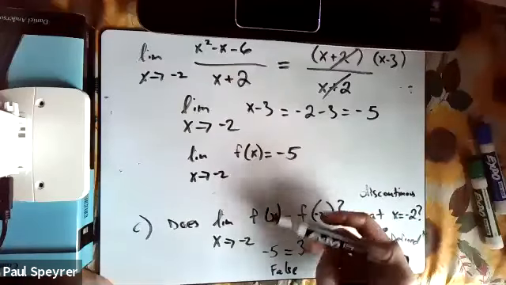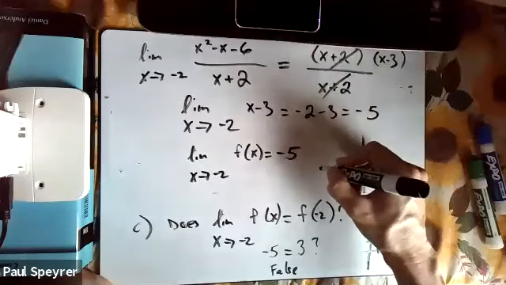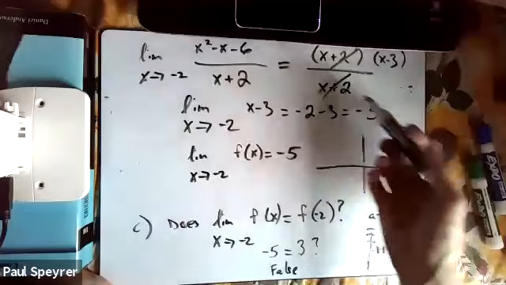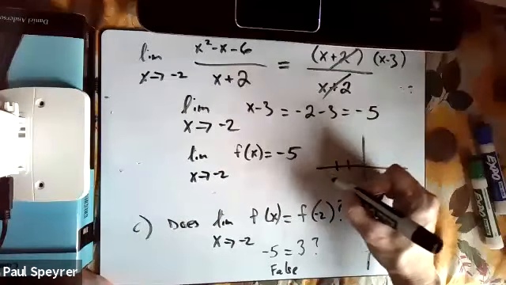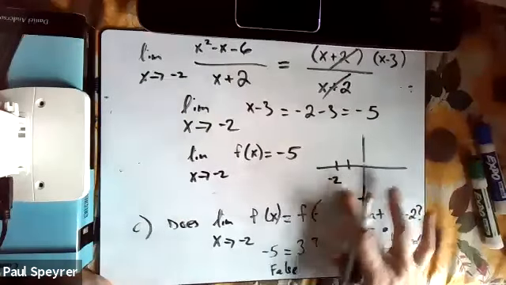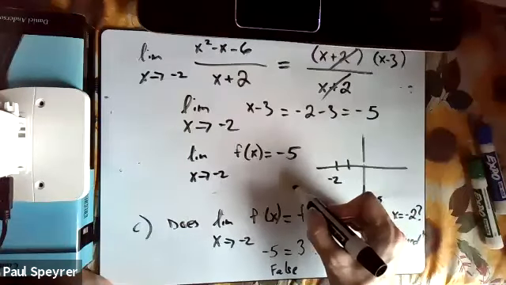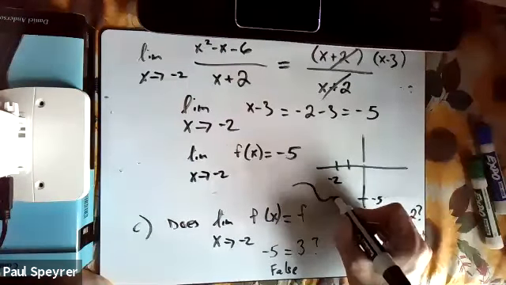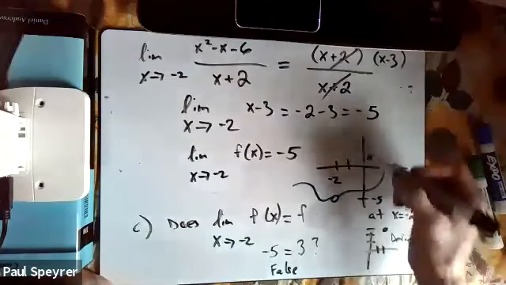It's -5. Basically, what's happening here is, if we drew a rough sketch, here's -2, and I'll put -5 right here. Your graph is doing basically something like this. And then at f of -2, we actually have 3.